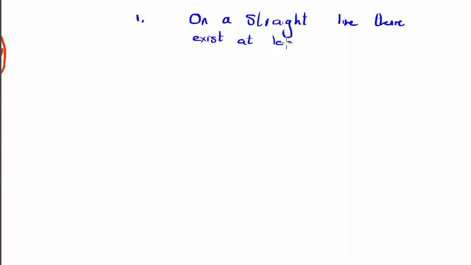In geometry, we start with 3 assumptions. The one assumption is that on a straight line, there exists at least one point.